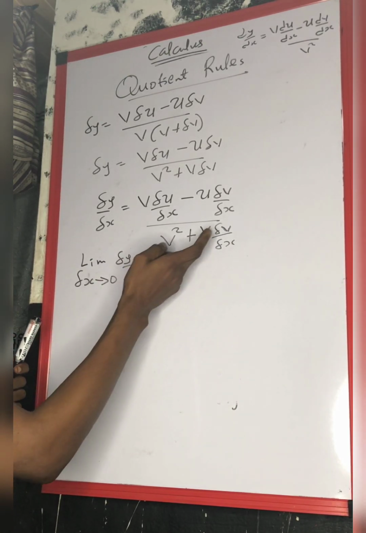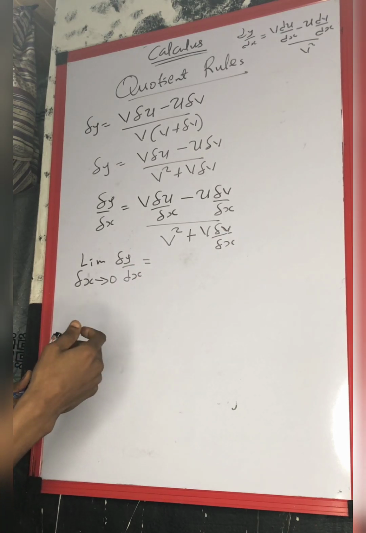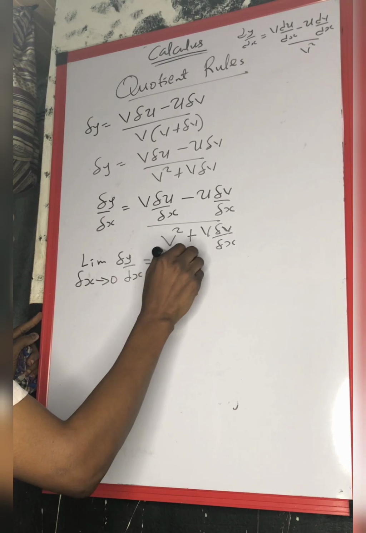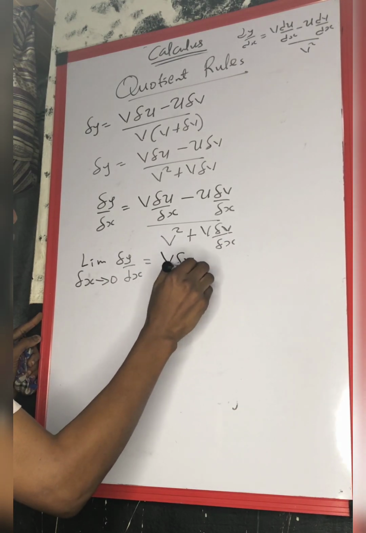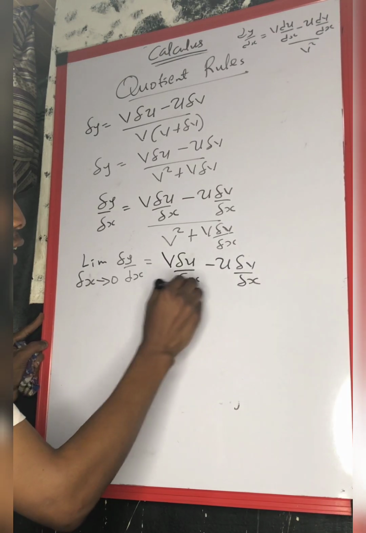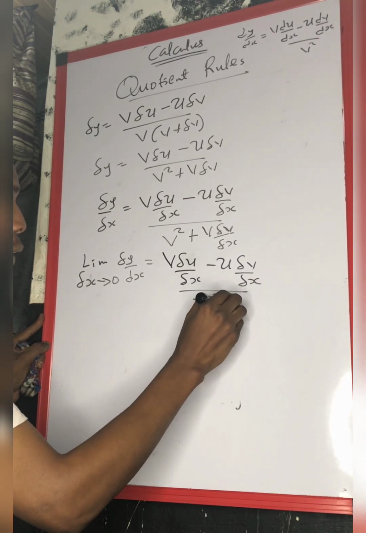You can see we have the same variable there. So it becomes v change in u over change in x minus u change in v over change in x, all over v squared plus 0.